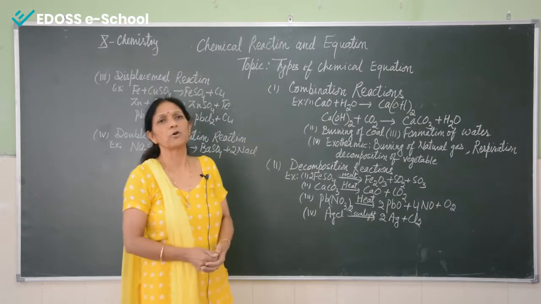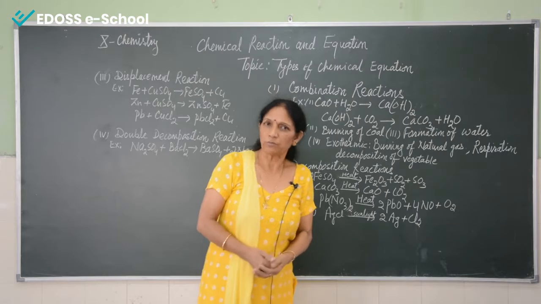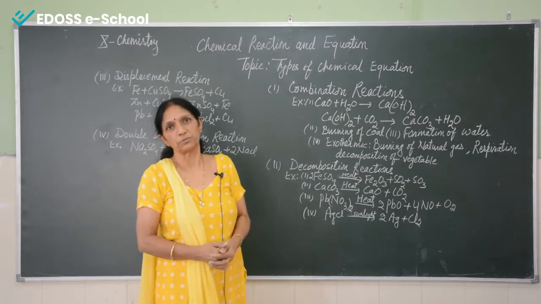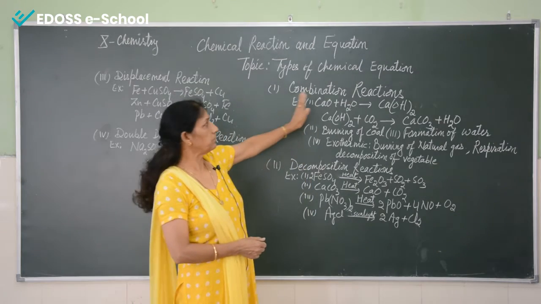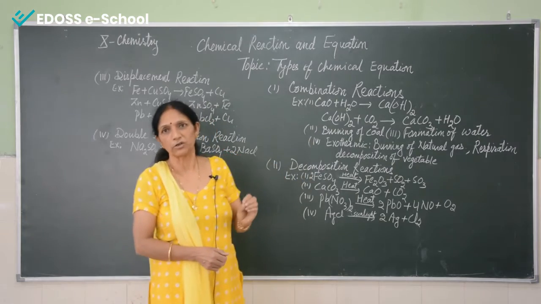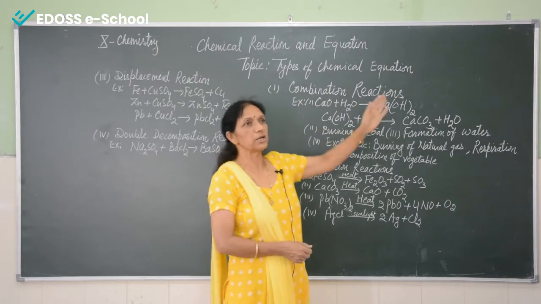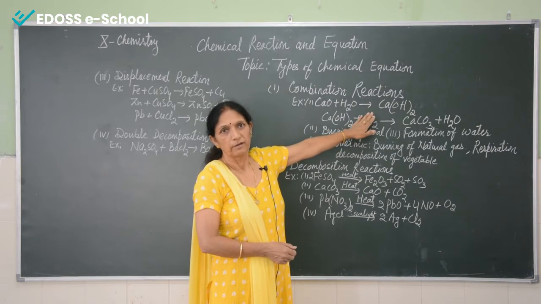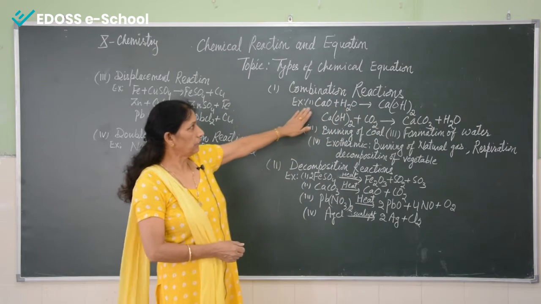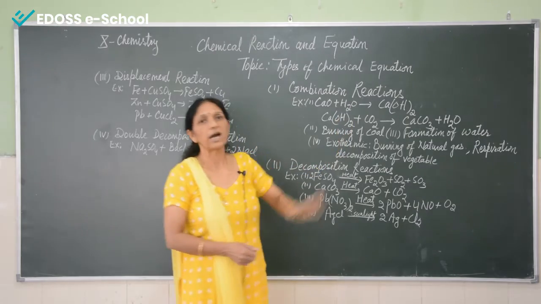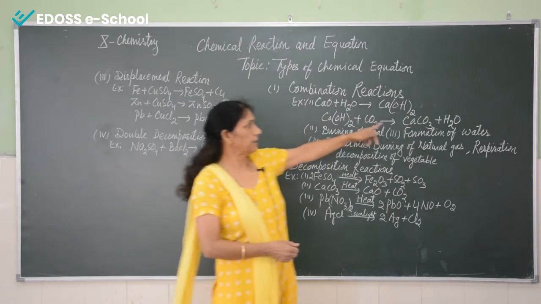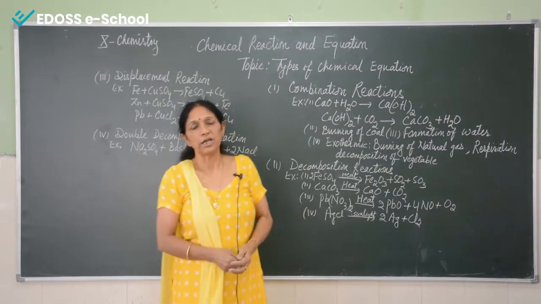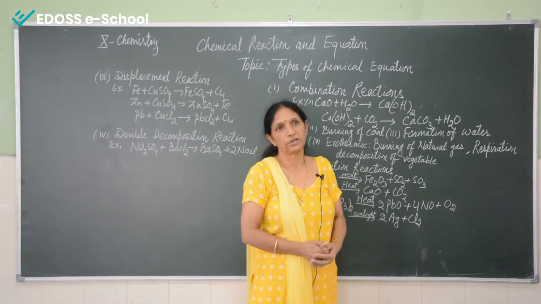When calcium oxide, which we also call quicklime and which is used for whitewash, is dipped in water, immediately calcium hydroxide is formed, that is known as lime water. And after some time, if we pass carbon dioxide into this lime water, we will get calcium carbonate and water is given out.